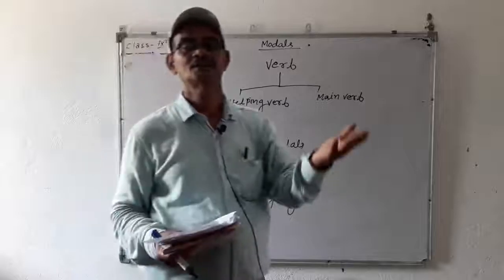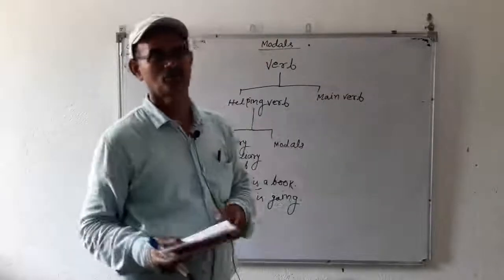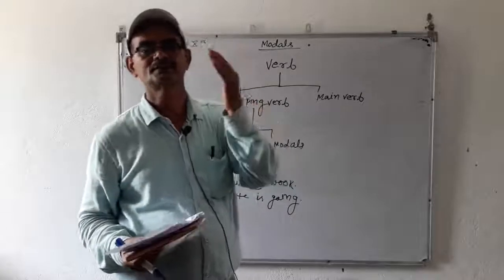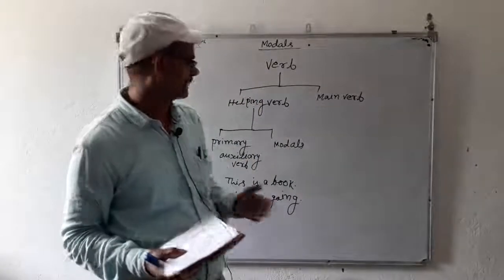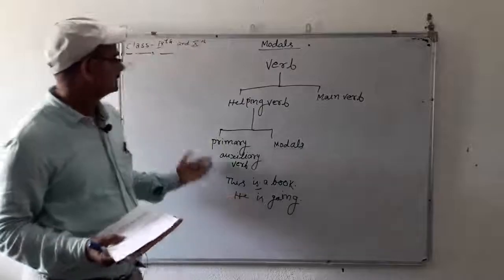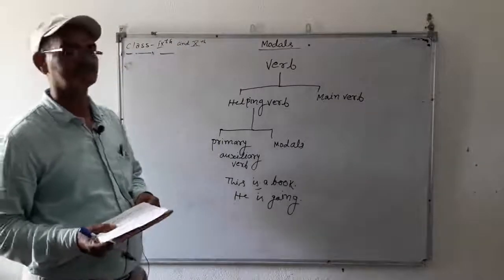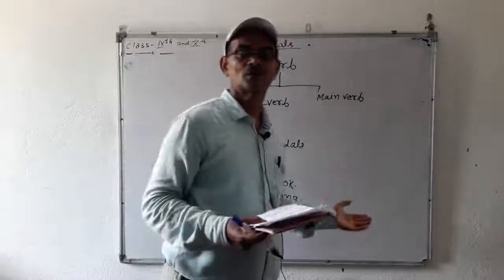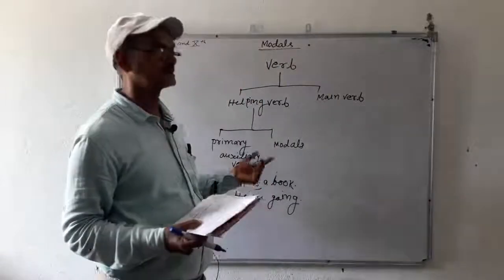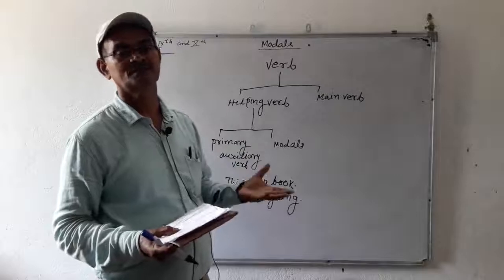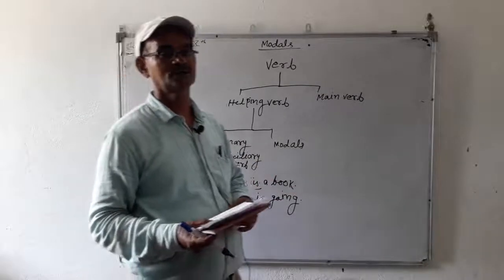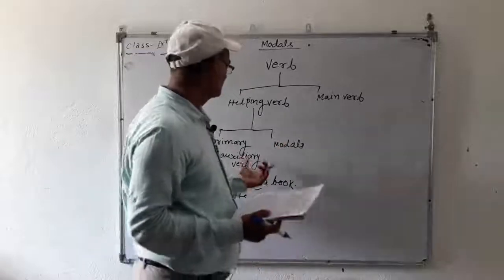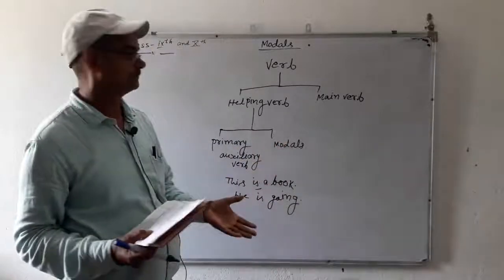We can't use he are a boy because he is singular, and we shall use is as a singular helping verb. In this way, all the primary auxiliary verbs help the subject in completion of any action according to the number and person. If the subject is singular, they are used singularly, and if the subject is plural, they are used in plural form.